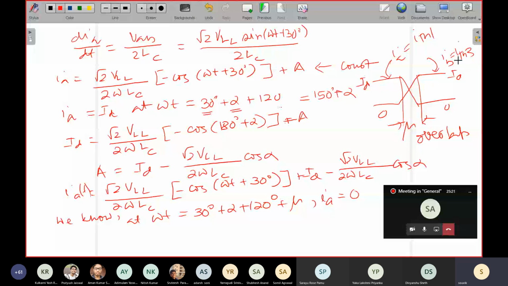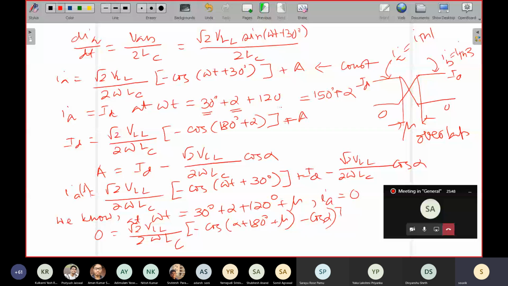So by putting this condition, 0 is equal to root 2 VLL by 2 omega LC into minus cos of alpha plus 180 degree plus mu minus cos alpha, plus ID.